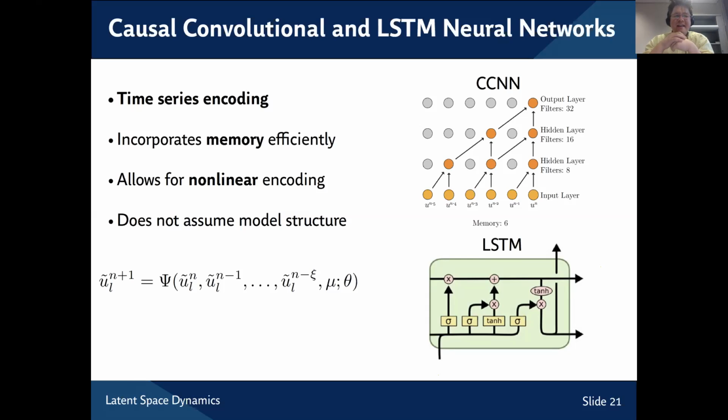Both of them are very efficient in encoding memory, and they are highly versatile, and they allow for nonlinear encodings. Furthermore, they do not assume any model structures, so they have the same advantages as normal neural networks of being universal approximators.